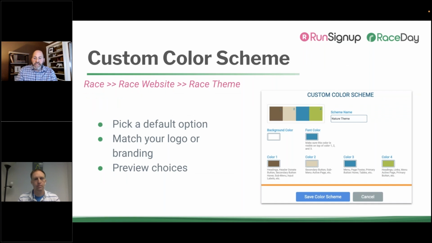And then under race theme, you can pick your color scheme. So we've got some defaults that look great and are designed to complement each other, but obviously you've spent a lot of time building brand equity and value with your logos and other branding elements. So you can go ahead and create your own color scheme.